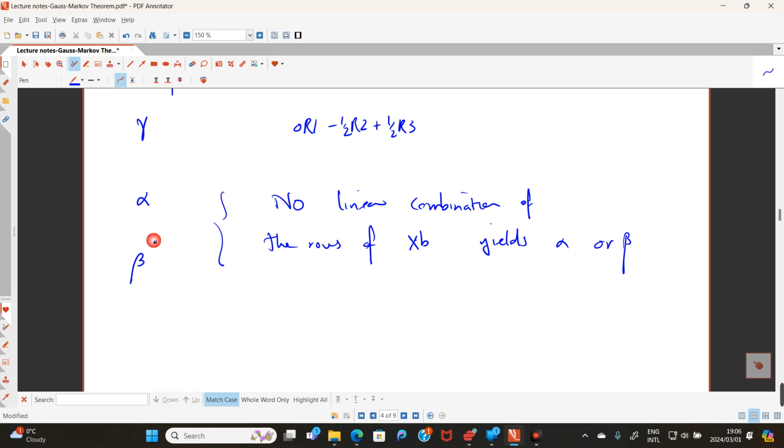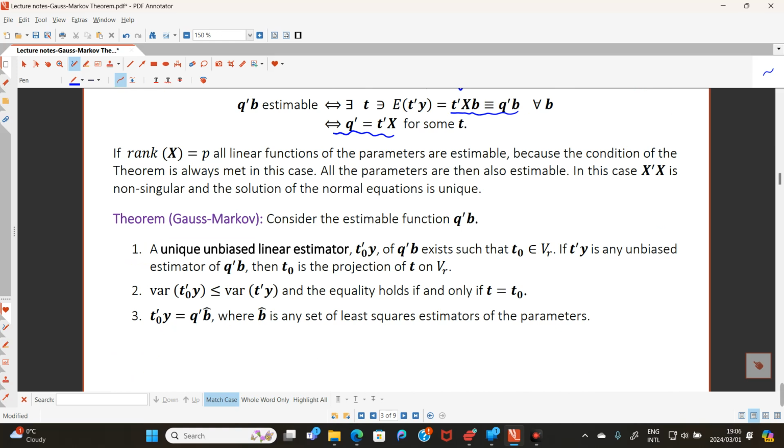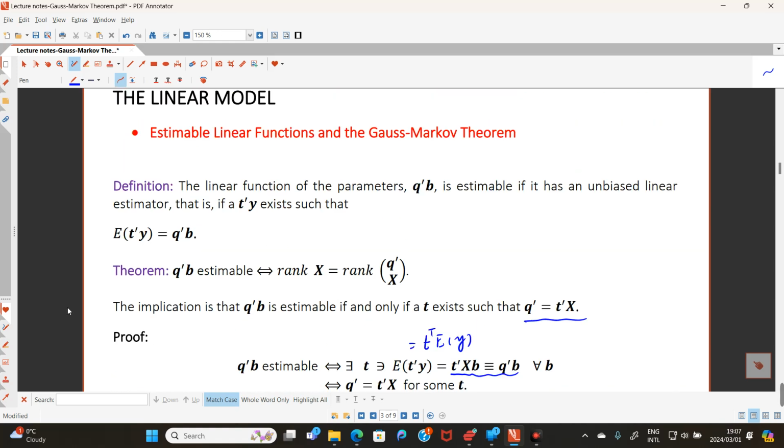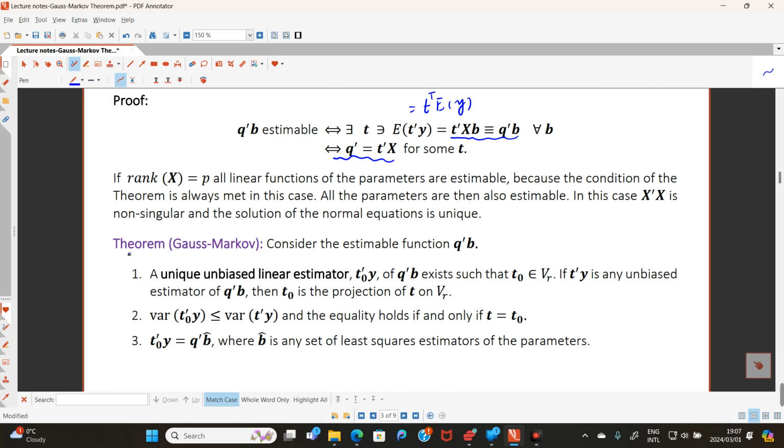So these are not estimable functions. It's pretty straightforward, and we could easily understand the definition of an estimable linear function, and also the use of the theorem and its implication.